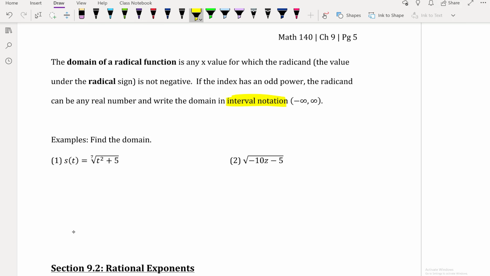So we can either have parentheses, or we can have brackets, or we can have a combination of parentheses and brackets, or brackets and parentheses. And it always goes from the smallest number to the biggest number whenever we are dealing with our interval notation.